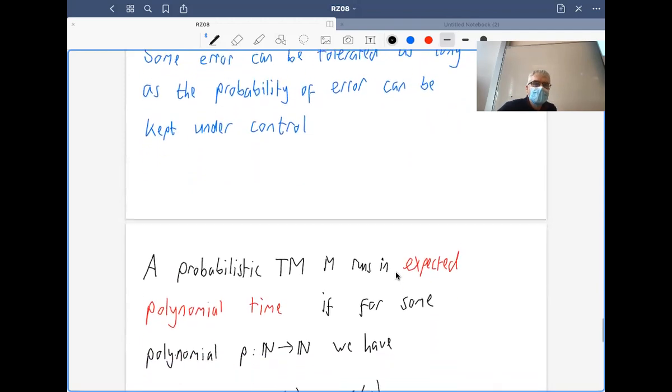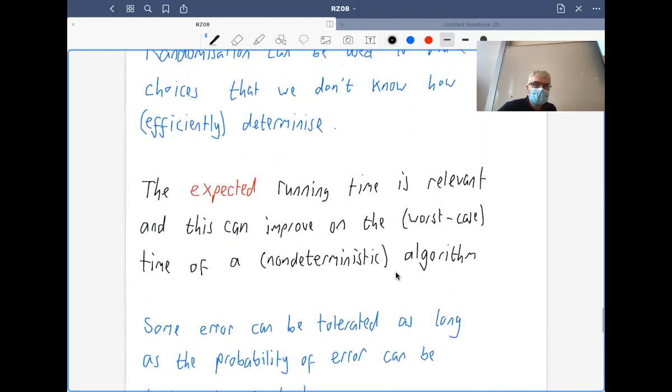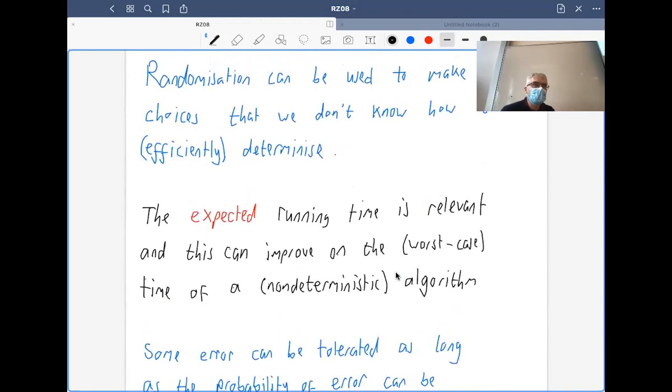So taking all these lessons together, what I want to do now is modify the definition of the class P of probabilistic time algorithms, to be what is intuitively the right notion of efficient, meaning a polynomially time-bounded algorithm for probabilistic computation.